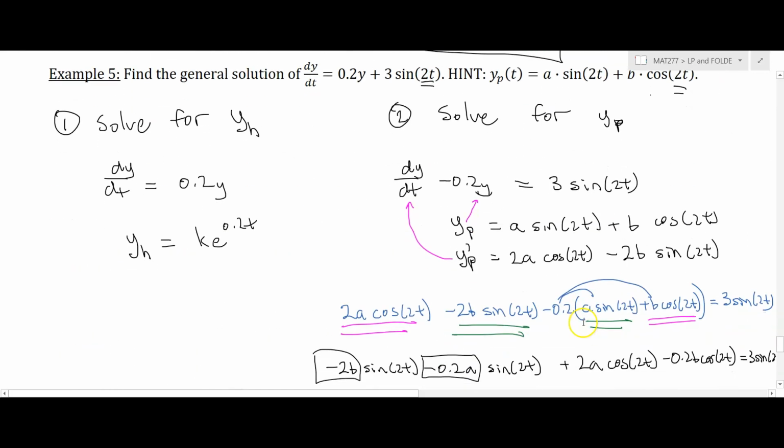If your function, your non-homogeneous piece, is a sinusoidal, whether it's sine or cosine, then your particular should be a sine whatever times t plus b cosine whatever times t. Doesn't matter whether this is sine or cosine, the particular case for a sinusoidal needs to be the sum of those for the reasons we've described.